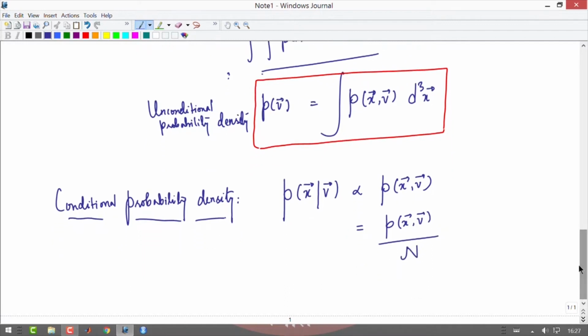Now, how do we determine the norm? The norm can be defined by demanding that the conditional probabilities are normalized.